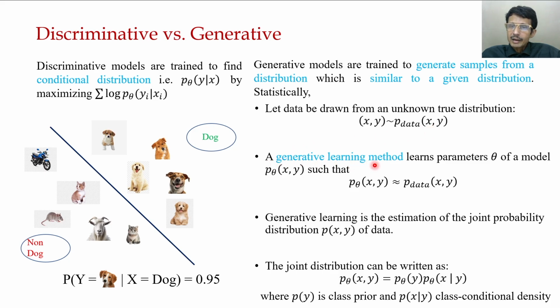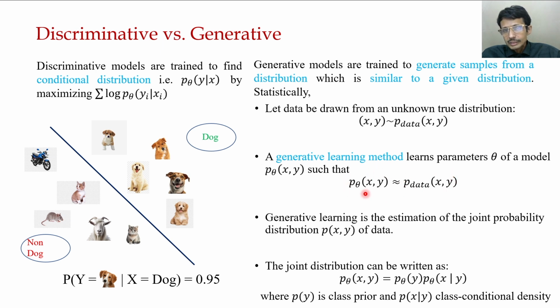So a generative learning model learns the parameter theta of a model P theta of x, y. This is basically the generative model, such that this distribution is very similar.